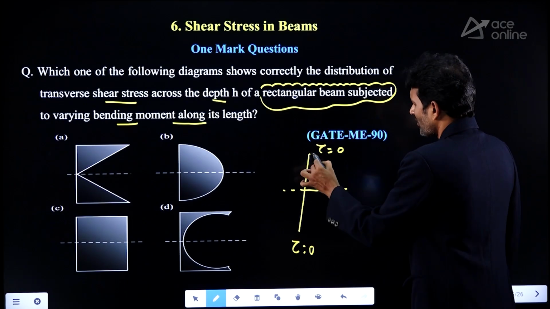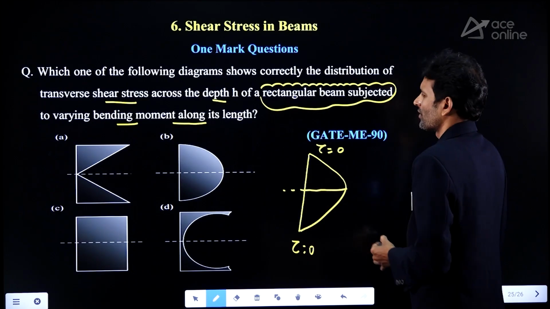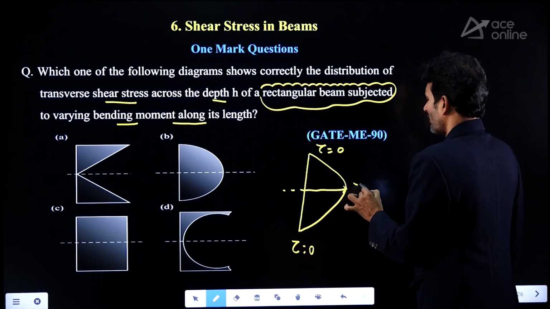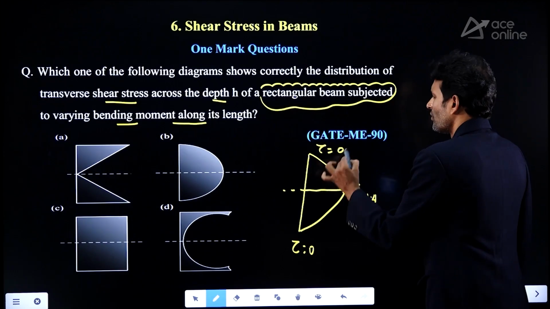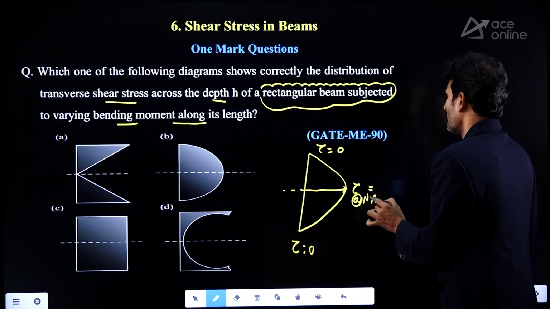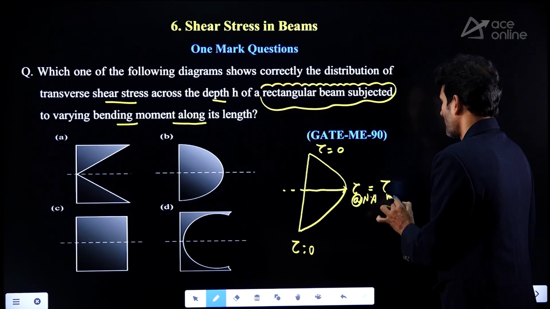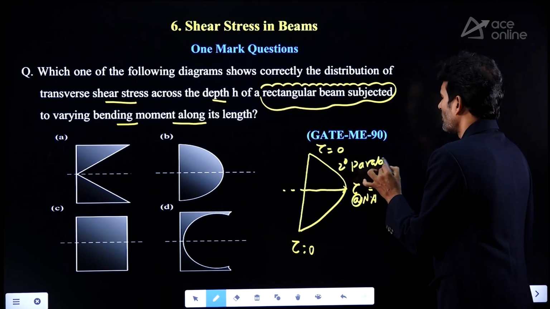For a rectangular cross-section, the maximum we observe is at the neutral axis. The rectangular cross-section has 0 shear stress at the extremities and a maximum at the neutral axis. Here shear is maximum. It is taking second degree parabolic variation.